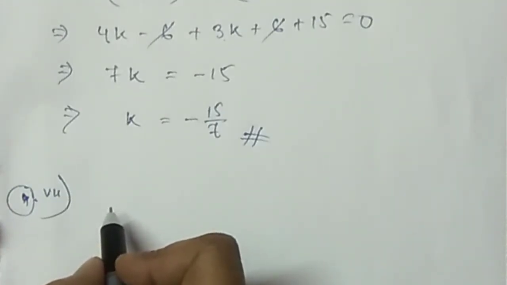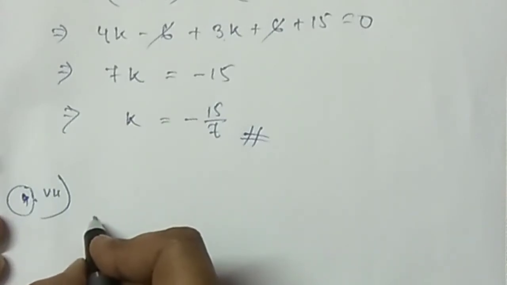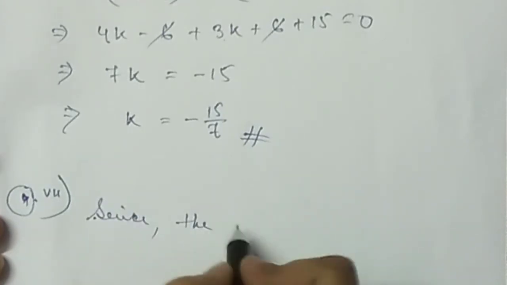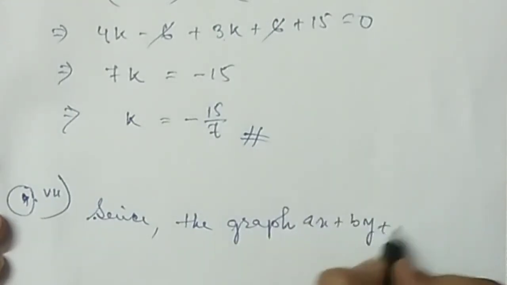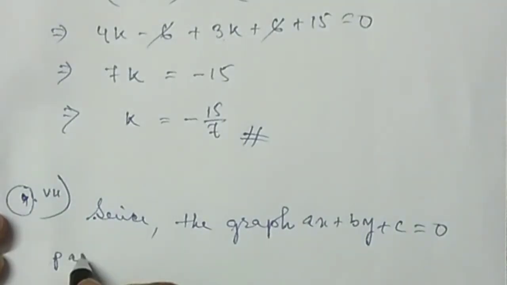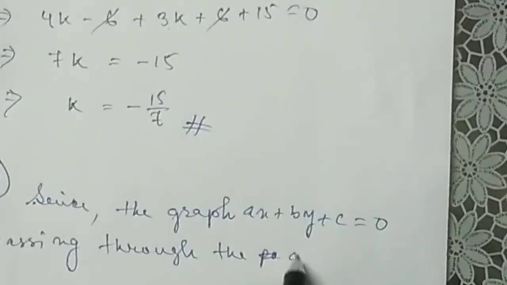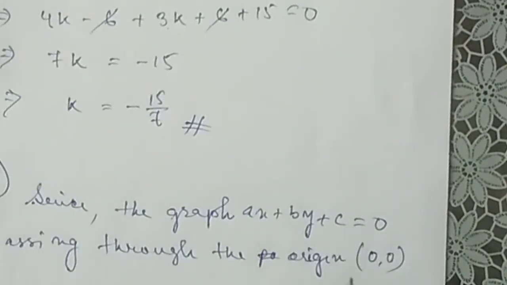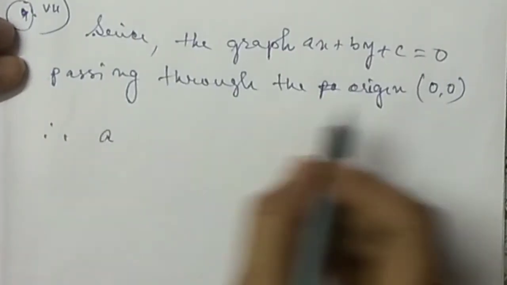So the coordinates of the origin are (0, 0). Since the graph ax plus by plus c is equal to 0 passes through the origin (0, 0), therefore what do we get?